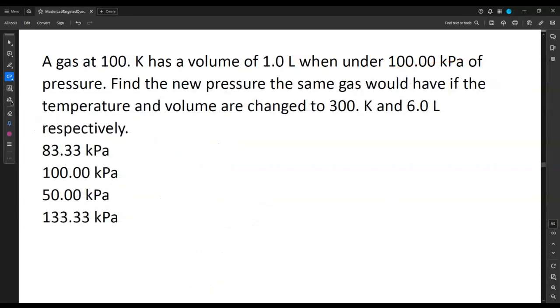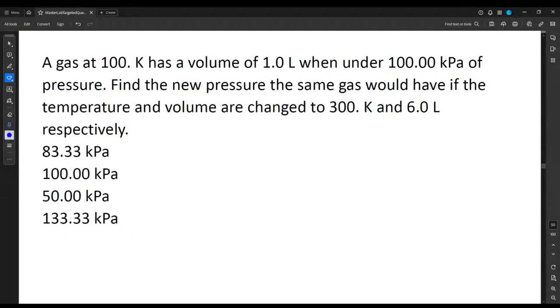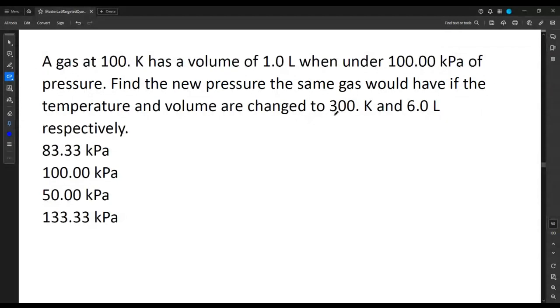Okay, so one more related one. This time looks like nothing is held constant, so it looks like we're gonna use that full formula. All right, so P1 V1 over T1 is equal to P2 V2 over T2, and then we want to start carefully plugging in and seeing what's going to happen.